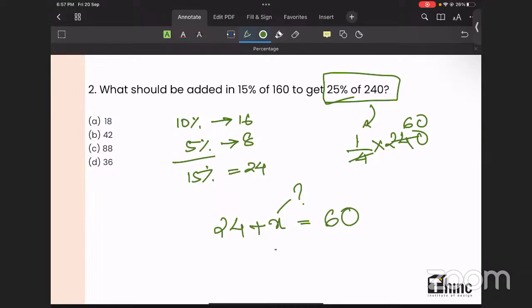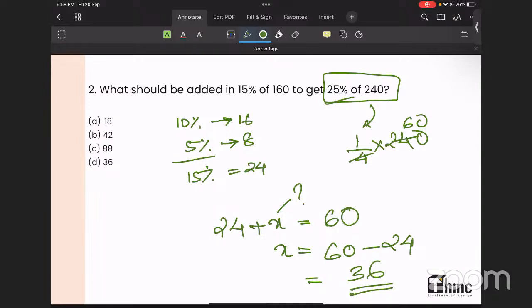So X equals 60 minus 24, that is 36. Be careful while solving these questions. So 16 plus 8 is 24, and over here we want to add an X. So 24 plus X is equal to 25% of 240. We all know that 25% is 1 by 4, so 1 by 4 into 240 is 60.